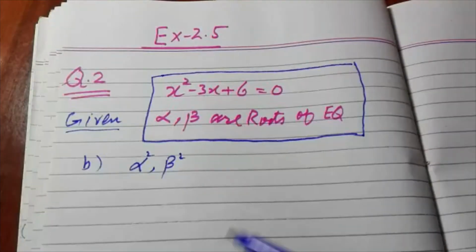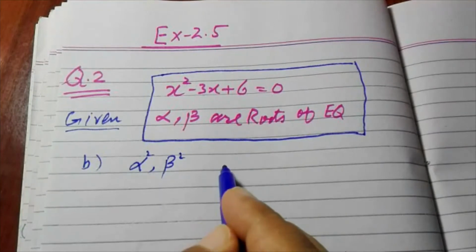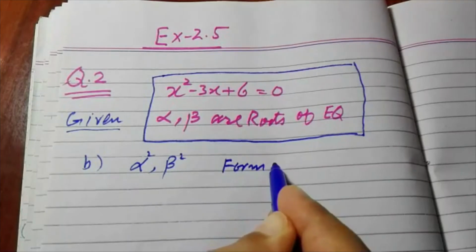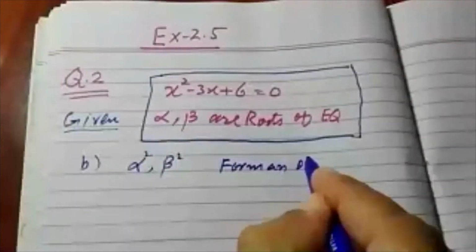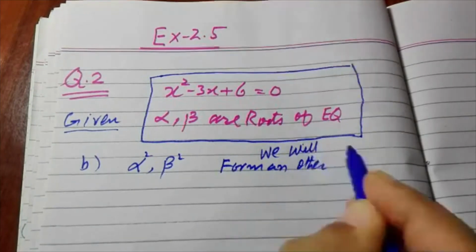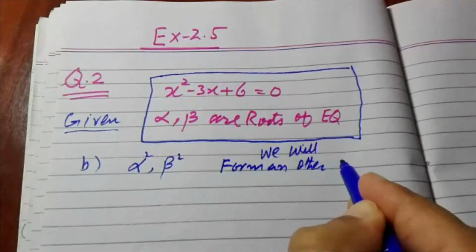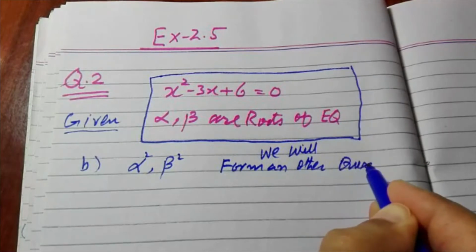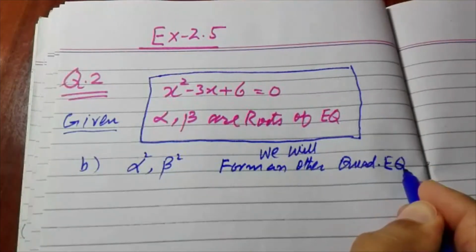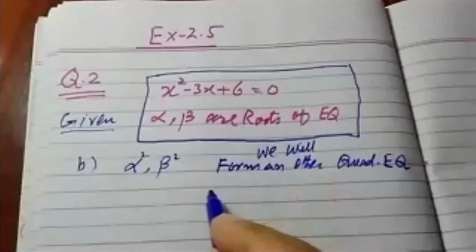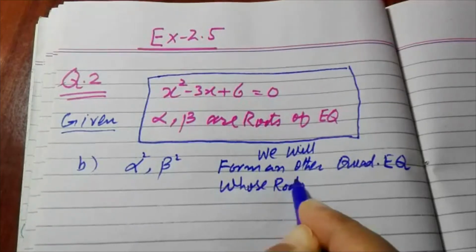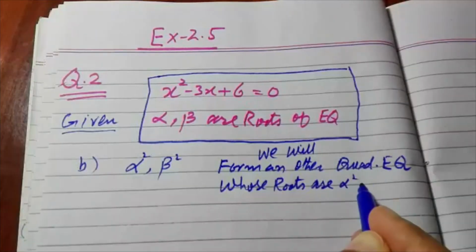We have to form another quadratic equation whose roots are alpha square, comma, beta square.